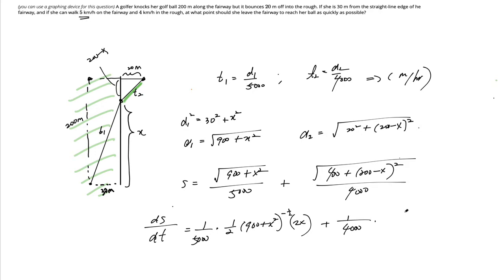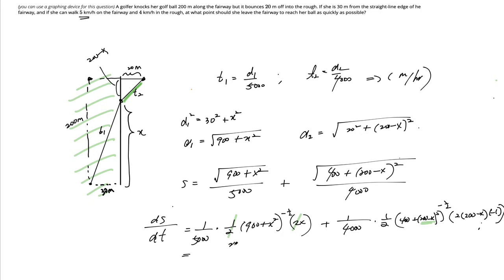Same, you get 1 over 4,000 times the power of negative half, 400 plus (200 minus x) squared, chained by the derivative of that, which is 2, and then times another negative 1, because the derivative of what's inside is negative 1. So that will cancel out.